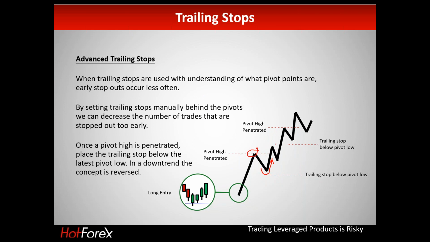You see, next pivot high, next pivot low over here. So we can drag and drop our stop loss on the latest pivot low. It was up, down, latest pivot low. So shift our trailing stop to the latest pivot low, and so on and so forth. This is a more advanced way to amend your trailing stop.